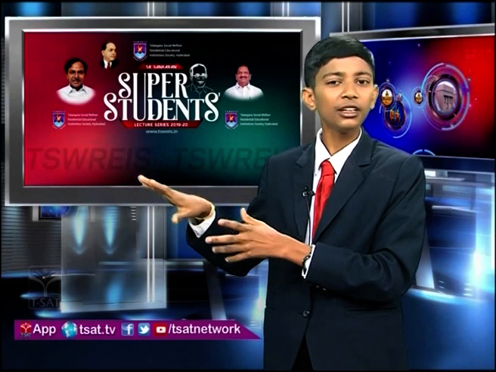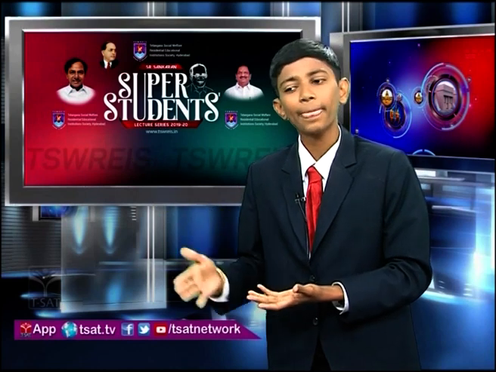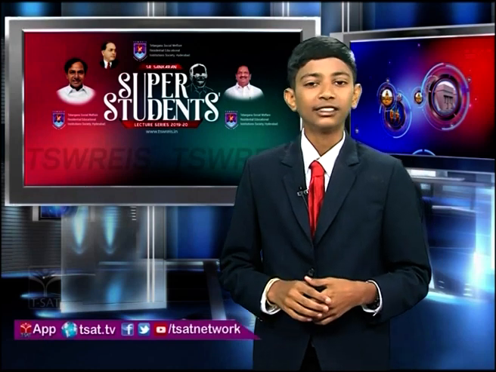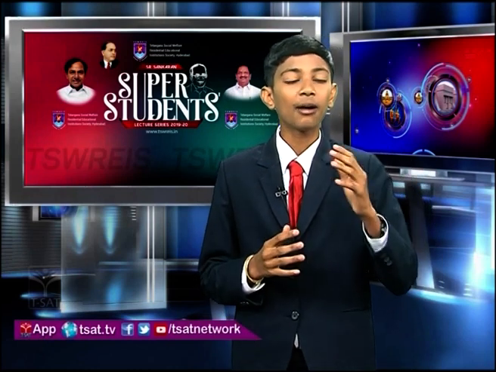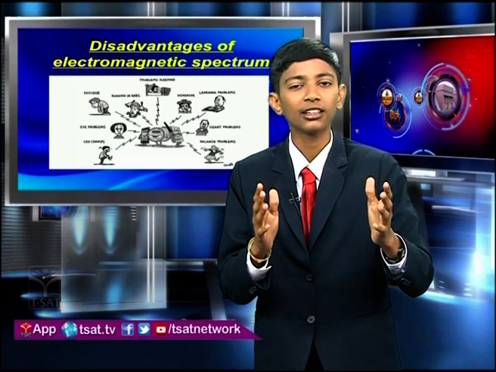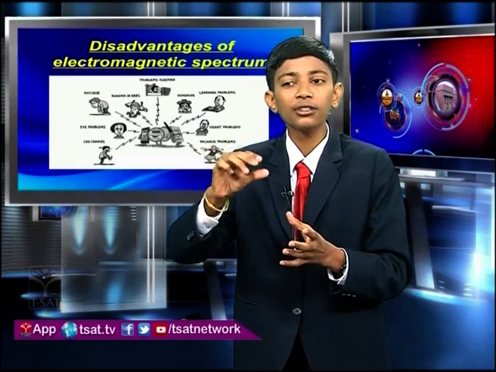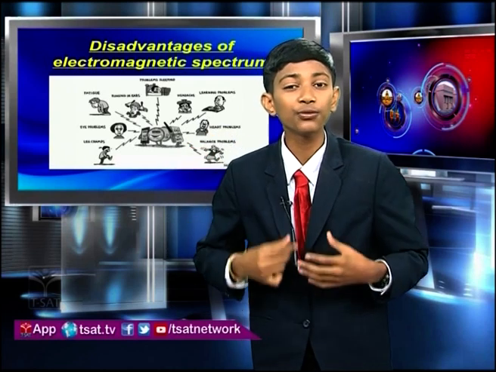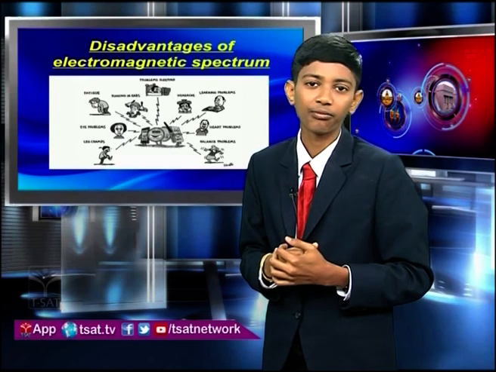Though there are many advantages, there are also some disadvantages. Now let's see. Some electromagnetic waves like gamma rays and X-rays can sometimes damage the useful cells in our human body.